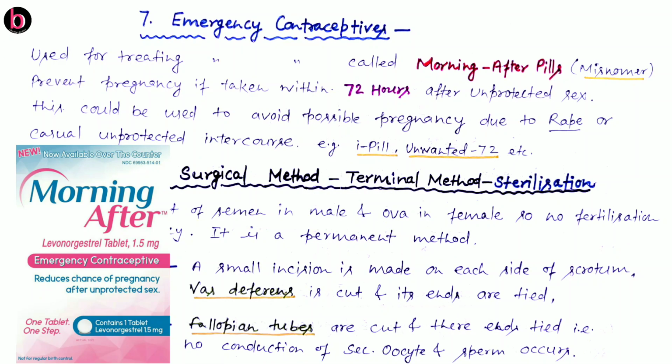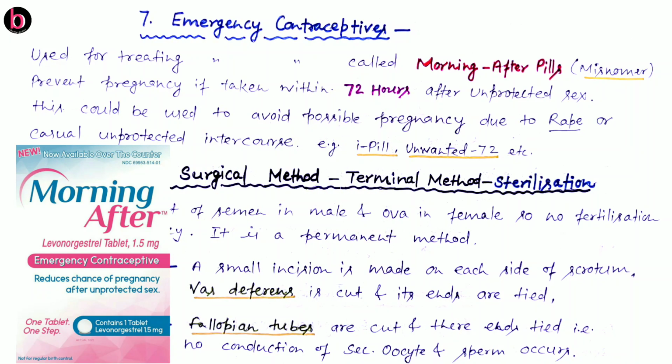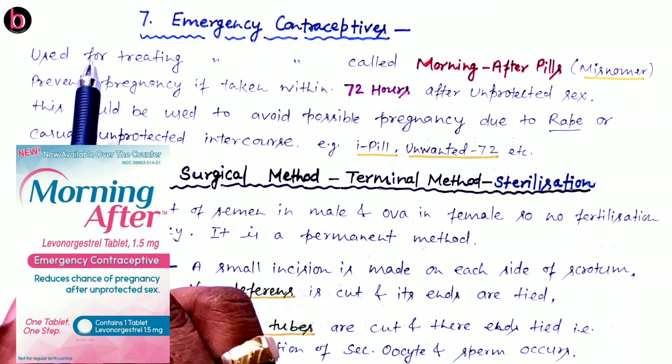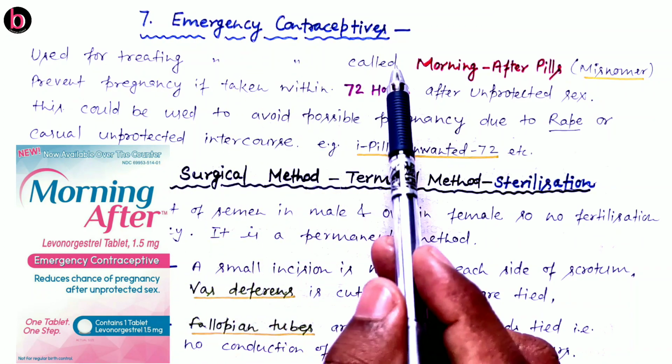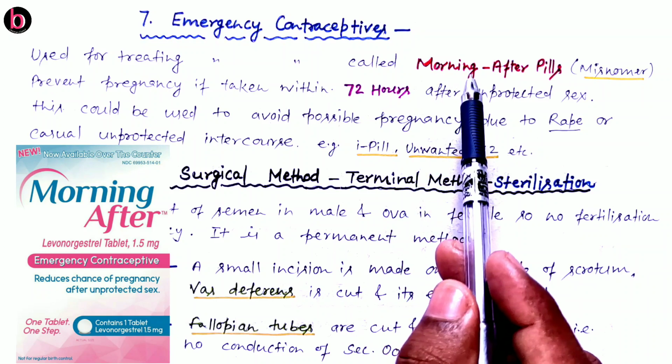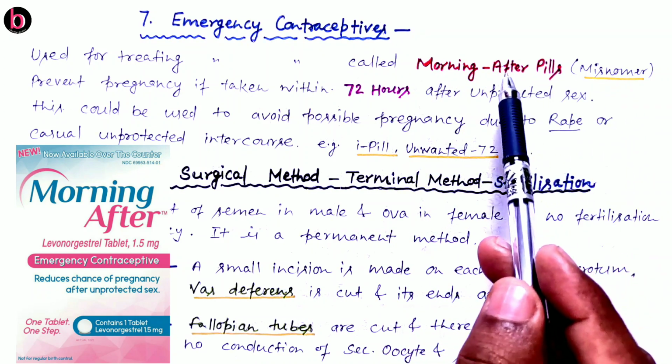Now the next one is emergency contraceptives. As the name suggests, they are used only during an emergency. These contraceptives are used for emergency contraception, and that's why they are also called morning after pills. This is a misnomer but used.